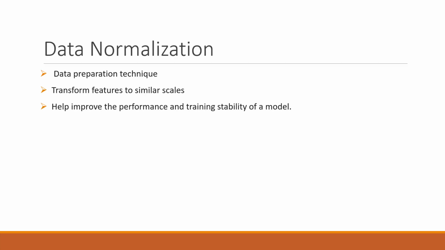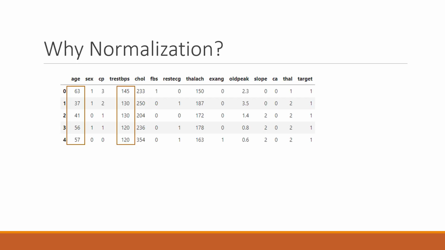Data normalization is a common data preparation technique in machine learning, which is used to transform features to similar scales in order to improve the performance and the training stability of the machine learning model. When features have different scales, it can cause problems during model training, such as slow convergence and difficulty in comparing the magnitude of different features, like here, age.